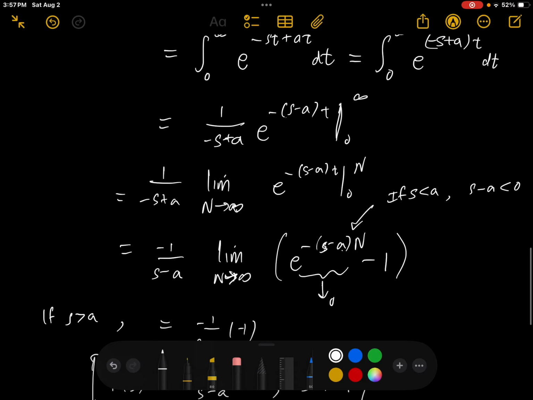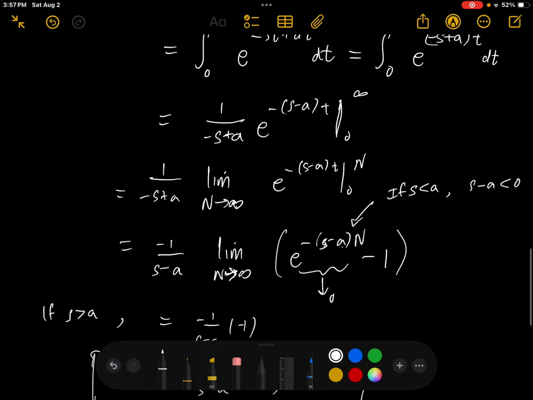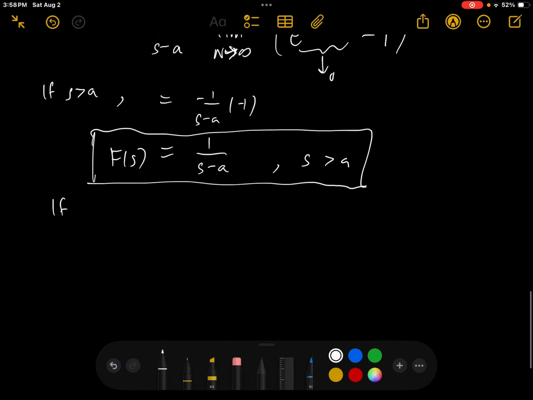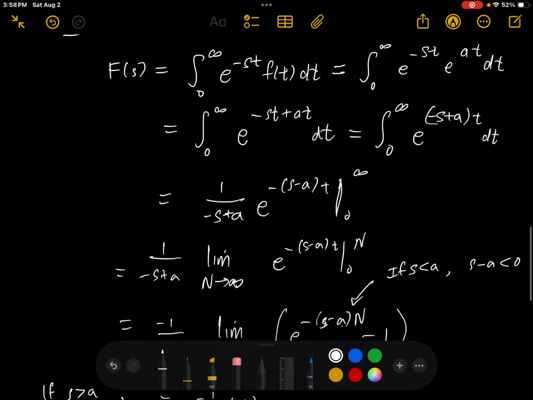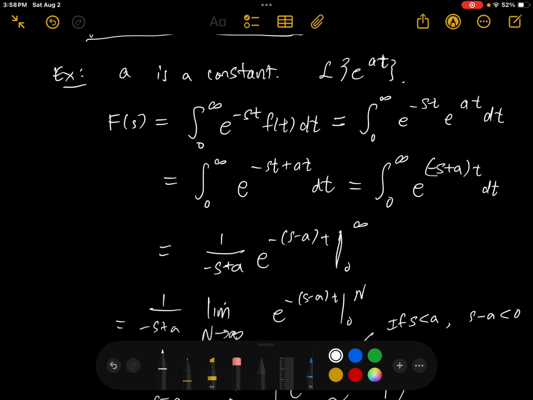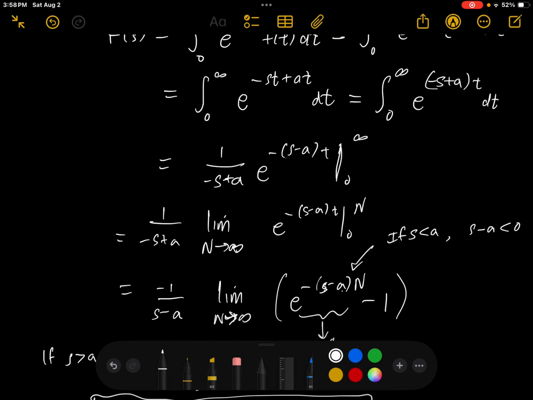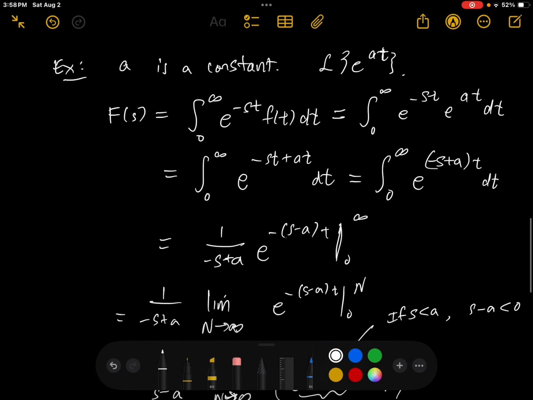And what happens if s is equal to a? Well, let's just write, if s is less than a, F of s does not exist. If s is equal to a, then you can't do this integral like this, because 1 over negative s plus a is going to be 1 over 0. That's undefined. So instead you have to do it separately.